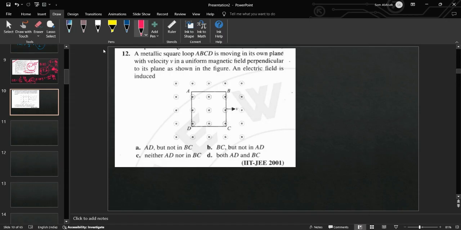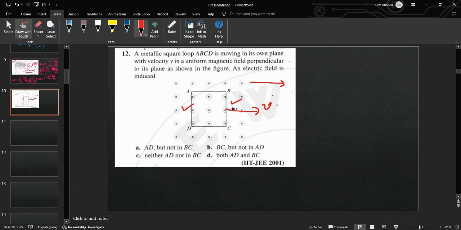See, the conductor is moving in this direction, so the velocity is in this direction. The trick in this type of question is that the loop is already perpendicular to the magnetic field, so the sides that are perpendicular to the velocity, AD and BC, will have EMF induced in them.